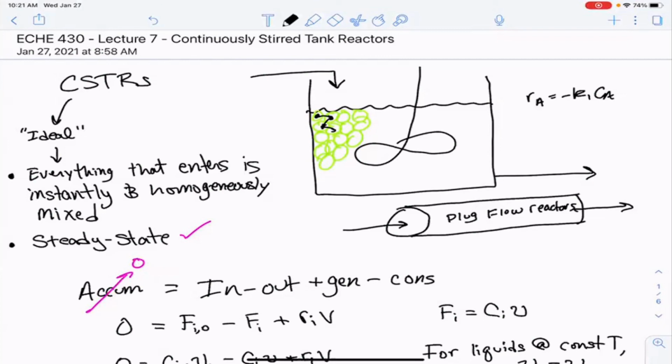Then we did 2 CSTRs in series. In the next lecture, we're going to make the reactions a little bit more complex. So we'll do series reactions in a CSTR, we'll do parallel reactions in a CSTR, and we'll also talk about things like yield and selectivity, just like we did for ideal batch reactors.